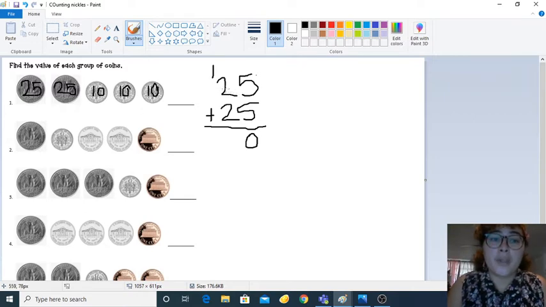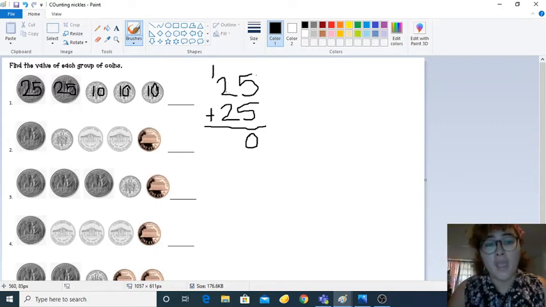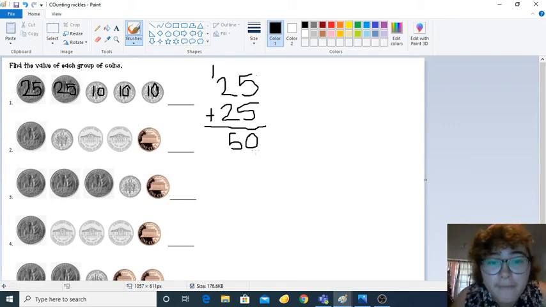Now we're going to add the 2 with the 2. 2 plus 2 is 4, but we can't forget the 1 that was up here. So 2 plus 2, 4, plus 1 more, 5. And we bring that down here. Now we know that the 2 quarters gave us 50.